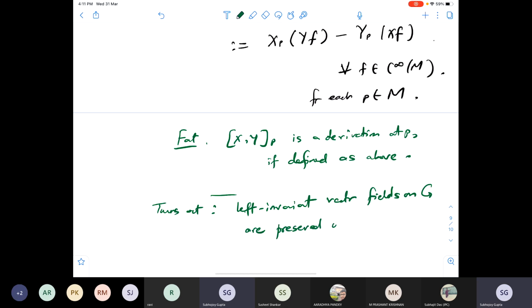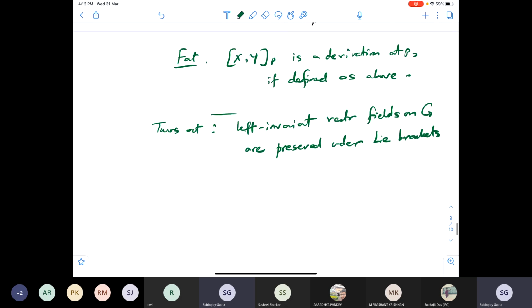So if you take the Lie bracket of two left invariant vector fields, you get another left invariant vector field. And so there's this extra operation that you can do on left invariant vector fields, and that's going to define what is called a Lie algebra structure.